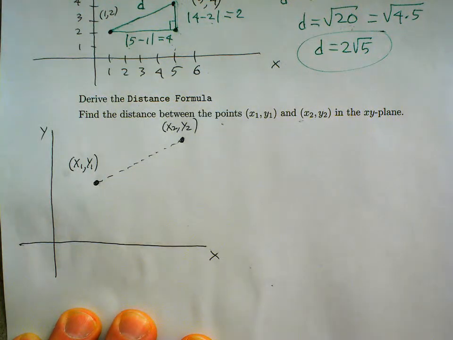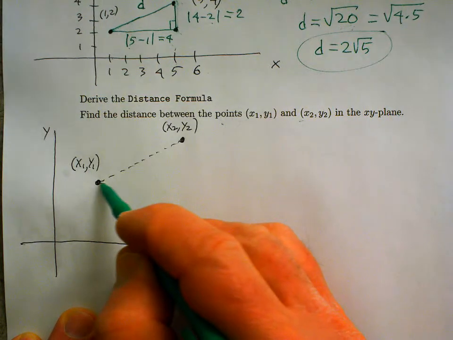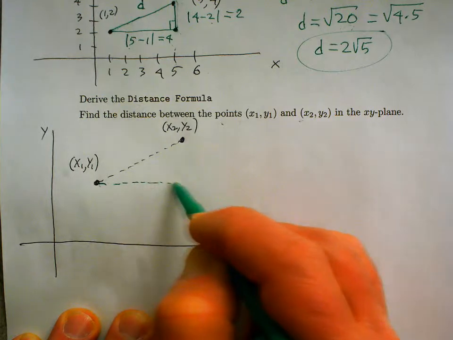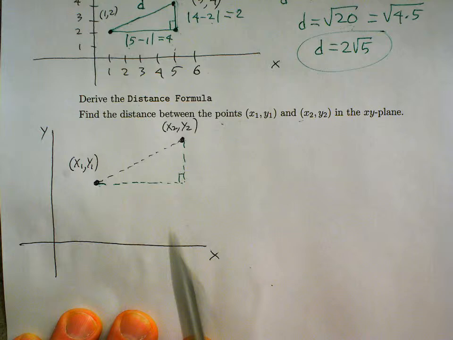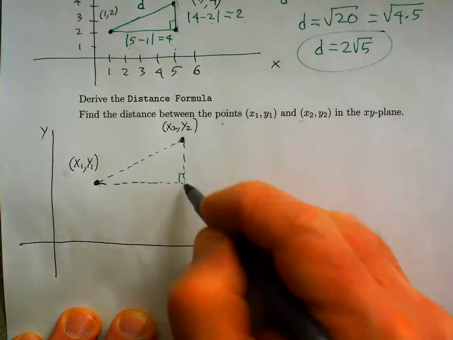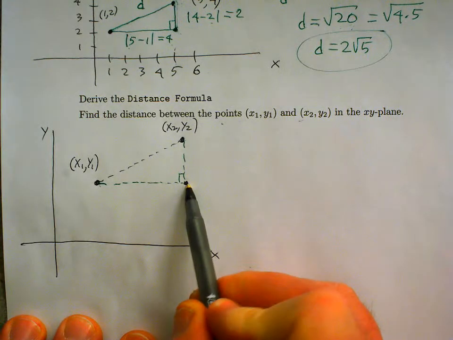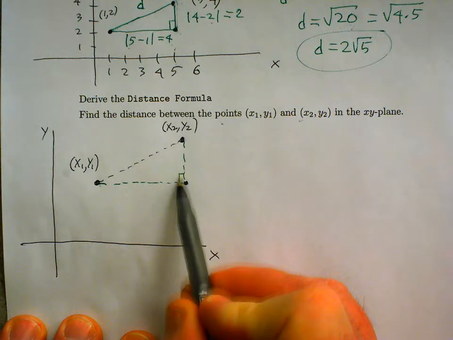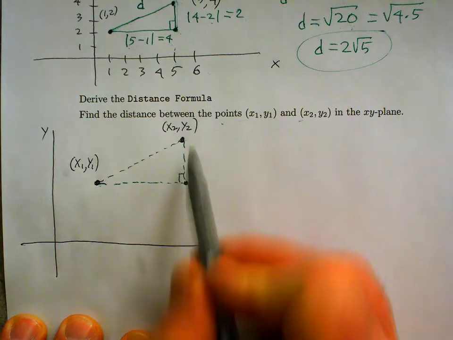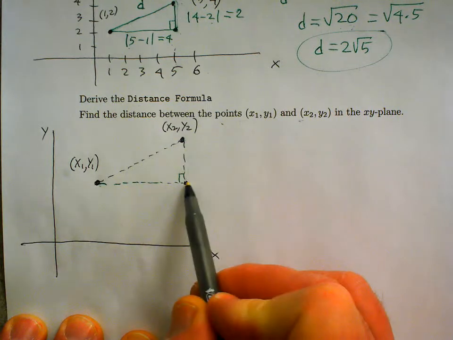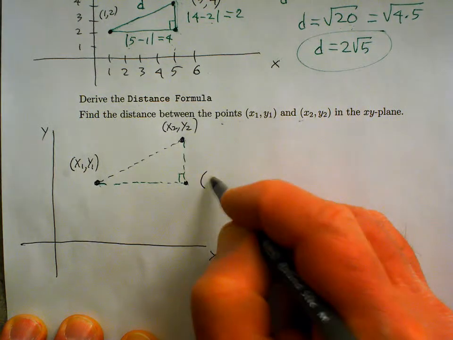So we just construct a right triangle. We connect horizontal and vertical line segments. The x and y coordinates of this point, which is the vertex of the right angle in this right triangle, this has the same x coordinate as the point that's directly above it. So the x coordinate of this point is x2.